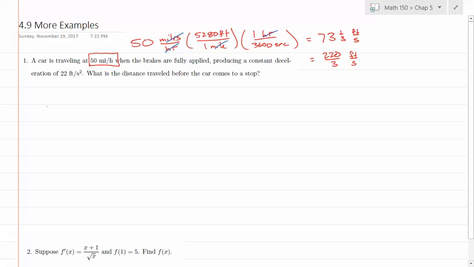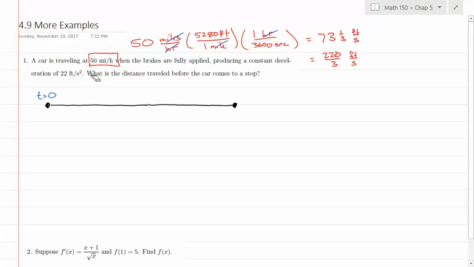Okay, now let's draw a little picture of what's going on here. Here is kind of the start of the problem when t equals 0.